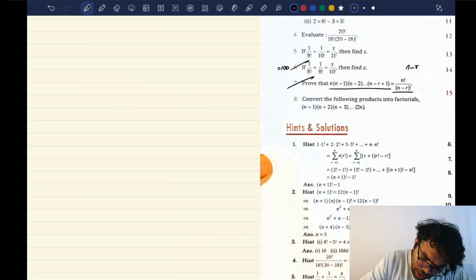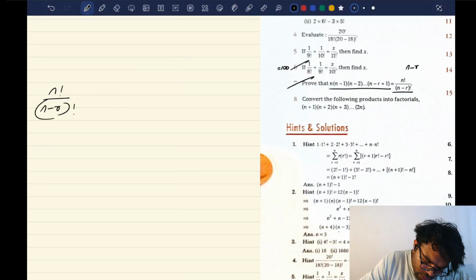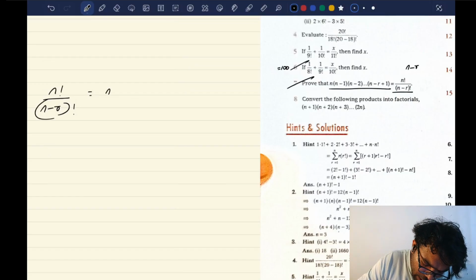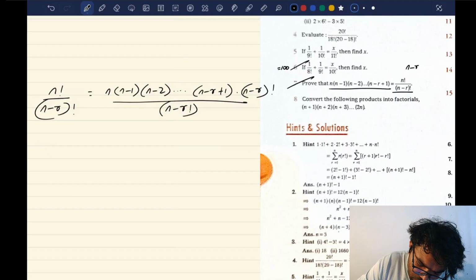let's see. You have n into n minus 1 into n minus 2. No, wait. You can write this as n factorial upon n minus r factorial is equal to n into n minus 1 into n minus 2 dot dot dot n minus r plus 1 into n minus r factorial upon n minus r factorial.